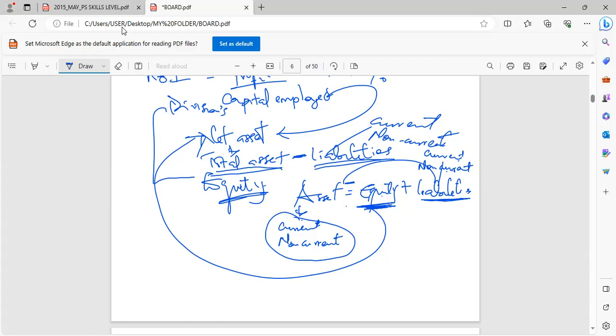Or let me give you another angle. What are the things that make up non-current liability majorly? What's the major thing that you can find in non-current liability? Creditors and accrued income. Maybe. Creditors, majorly. Okay, what makes current liability different from non-current liability?